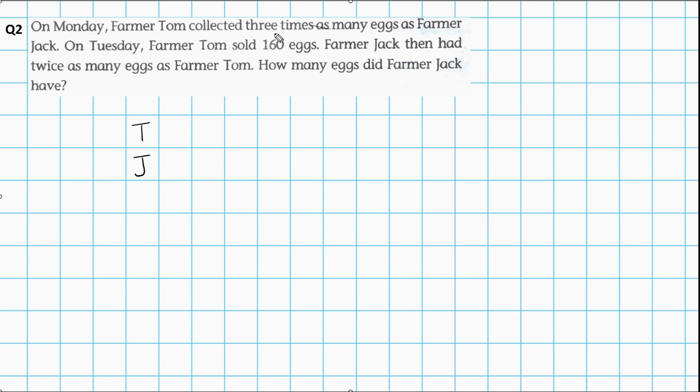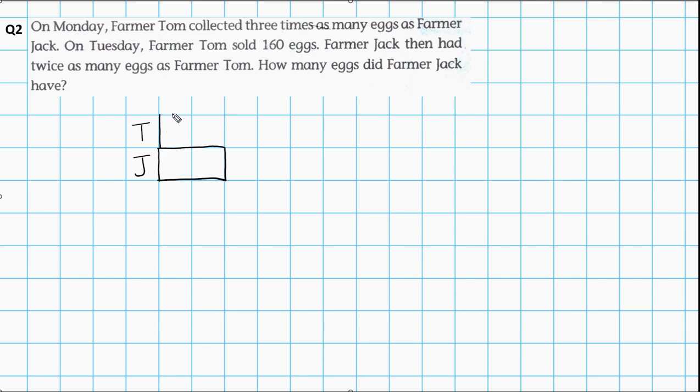Farmer Tom collected 3 times as many eggs as Farmer Jack. Now, when I'm drawing a bar model, it's this sort of thing that gets my attention. So I'll start with Jack and I'm going to draw one block for Jack. That's how much Jack has. And if Jack has a block that's this size, well, Tom has 3 times as many.